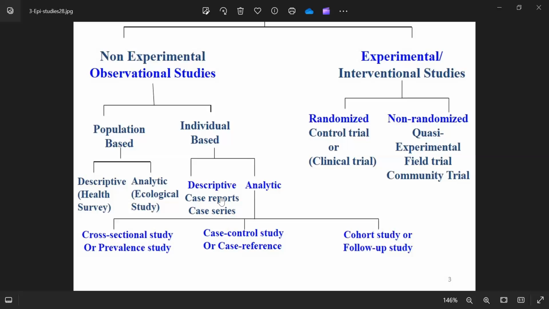So under the case report, you are just reporting a particular person to see what type of disease this is that is presenting for the first time or presenting in a different form. So you're only observing this patient and reporting the characteristics, the time of admission, the signs and symptoms presented, the clinical manifestation, and everything about this case report. That is another form of observational study under individual based.